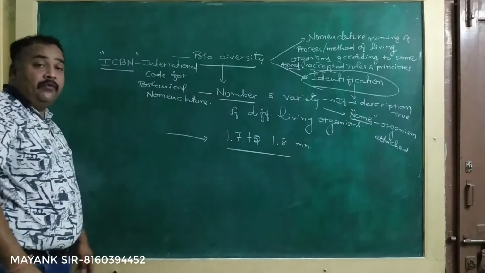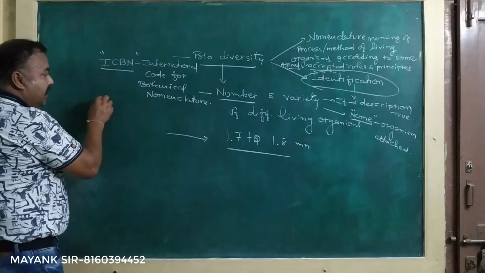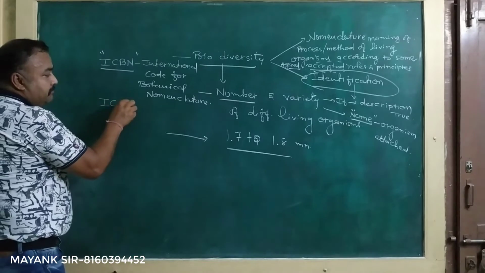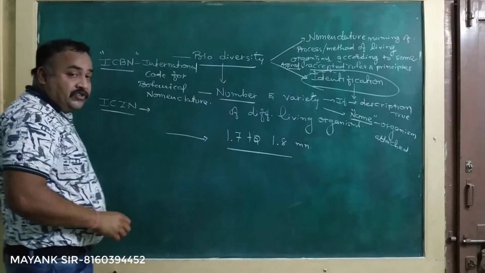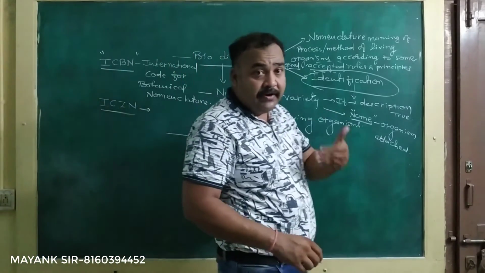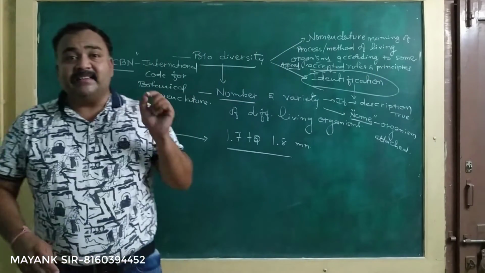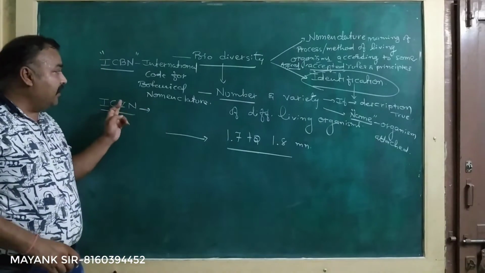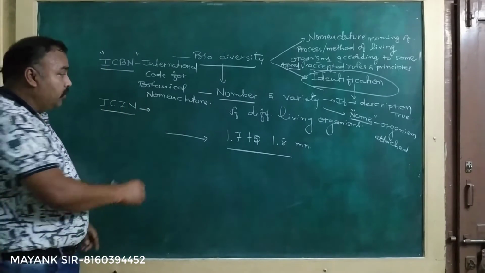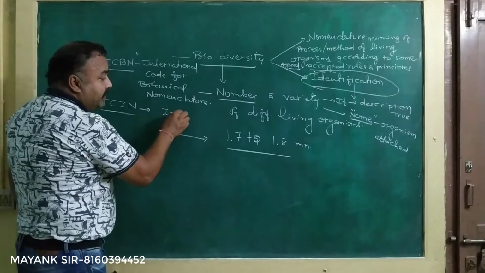For the naming of animals, they must follow the criteria, the rules, regulations, the principles which are designed by ICZN, International Code for Zoological Nomenclature.